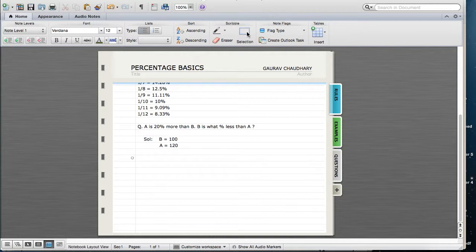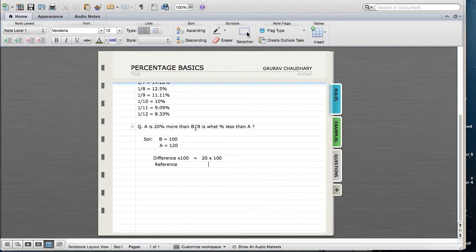Now our formula is difference times 100 upon reference. In this case, the difference is 20. Reference, earlier the reference was B because the question says A is 20% more than B, so B is the reference.